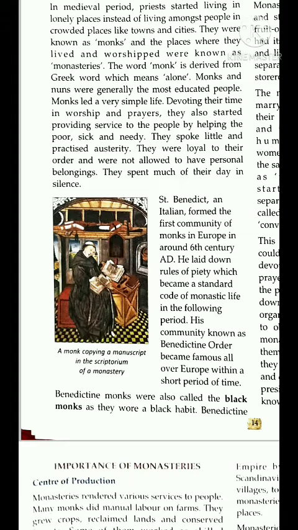He made rules of piety. Piety means righteousness. And these rules made by him became a standard code of monastic life, a standard code for monks and nuns in the following period.